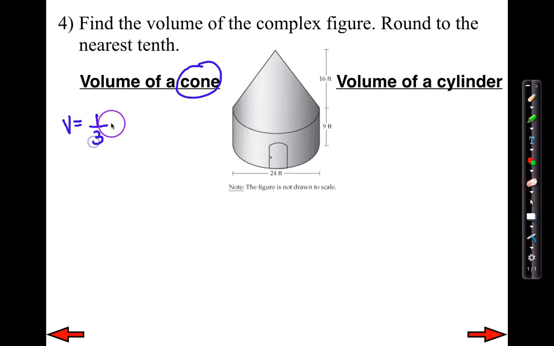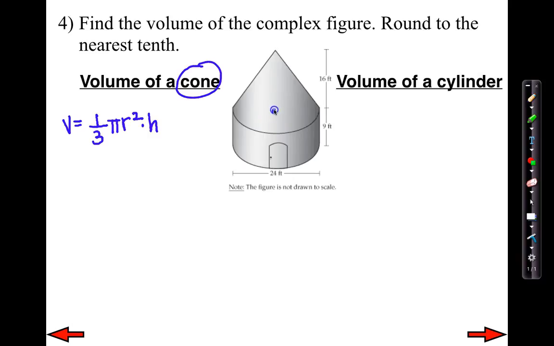1/3 pi r squared times height, almost forgot. So I'm interested in finding the radius and the height of the cone. Here it doesn't tell us what the radius is, however, it does tell us the diameter of the cylinder.